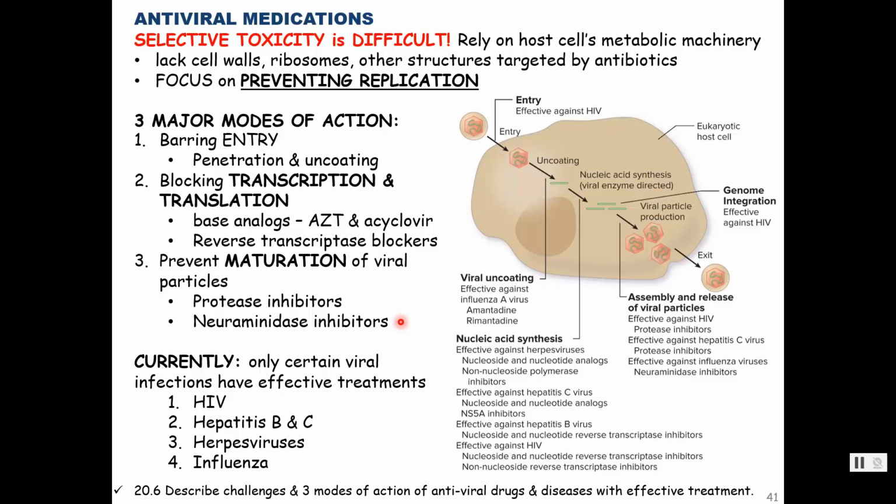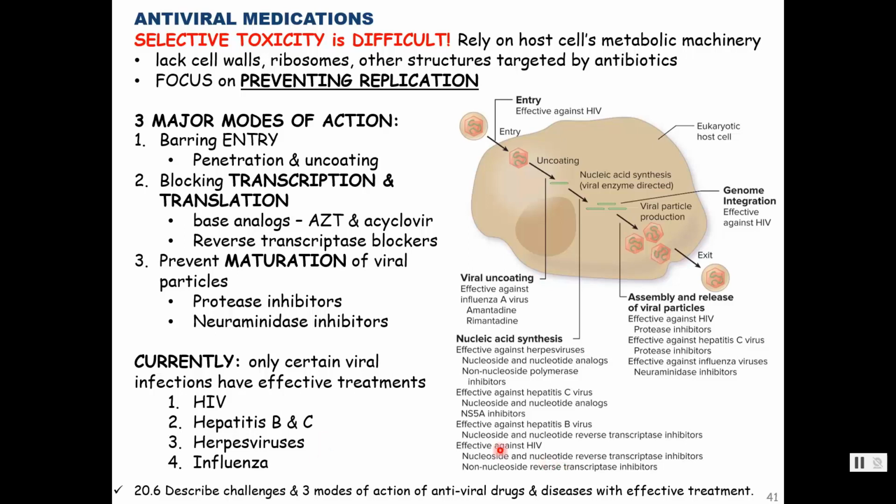There's not a lot of antiviral drugs out there. You've probably heard that on the news. And so there's really only certain diseases that have antiviral drugs that are actually effective. So clearly HIV, hepatitis B and C, herpes viruses, so yes, treating genital herpes, varicella zoster virus, cytomegalovirus, Epstein-Barr virus.